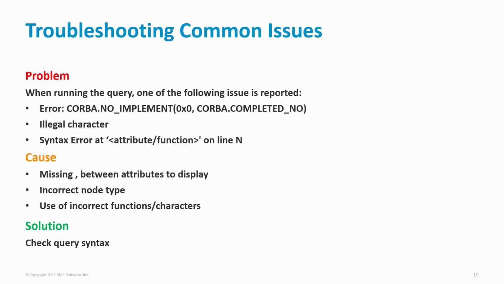Say the query fails with an error like some Corba error, illegal characters, or some syntax error. The probable root causes for these types of issues are a missing comma between attributes to display, you are searching for an incorrect node type, or you are using incorrect functions or characters. To fix these types of issues, check the query syntax.